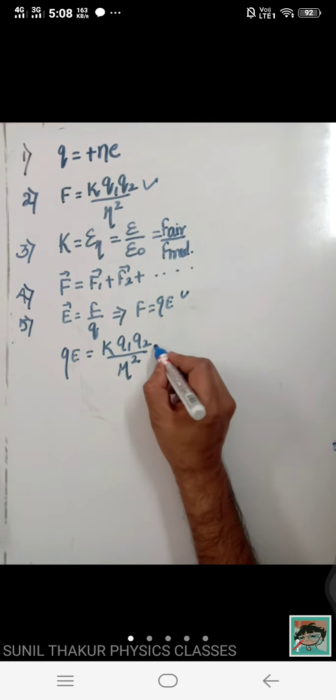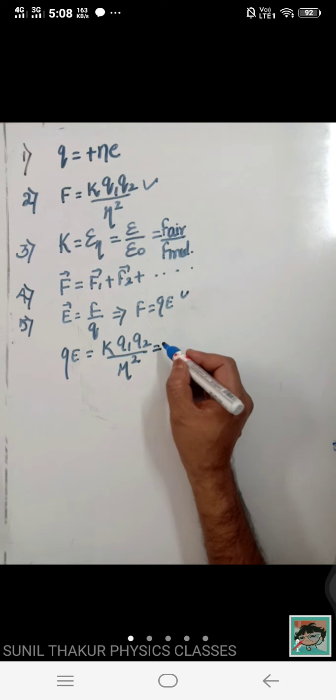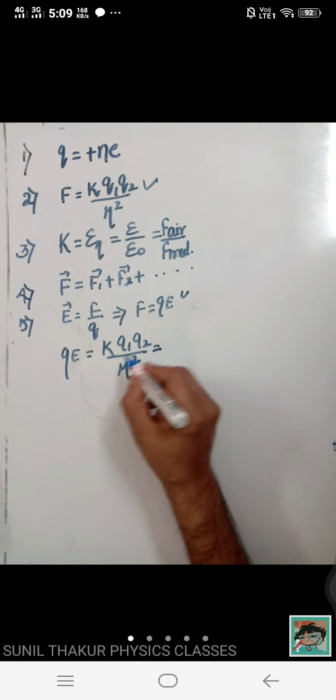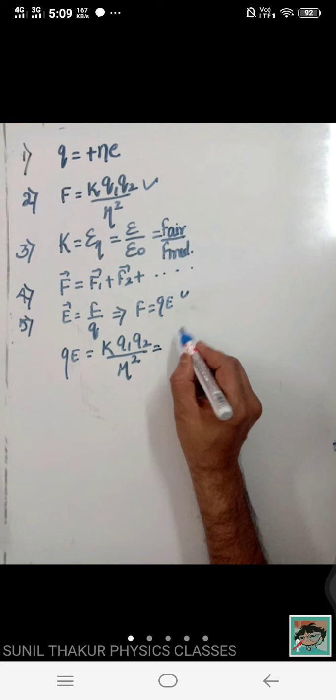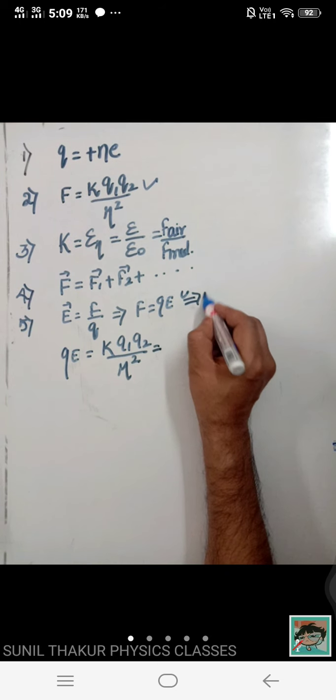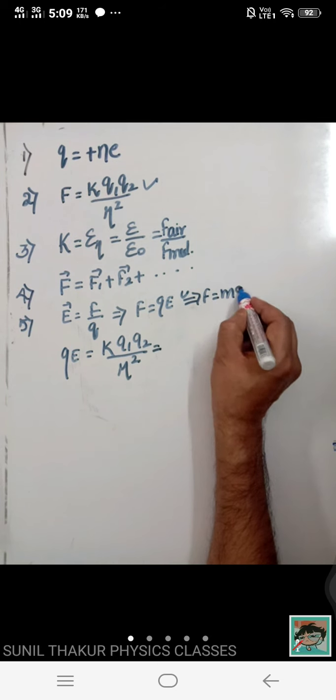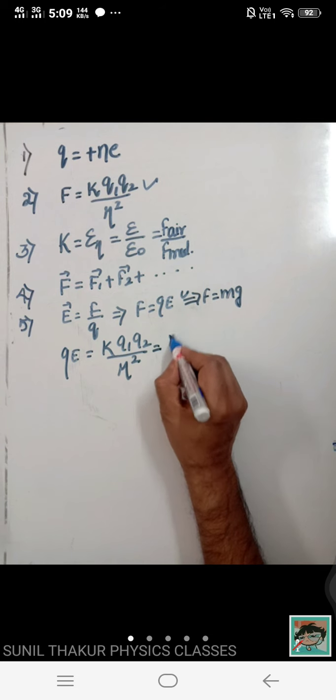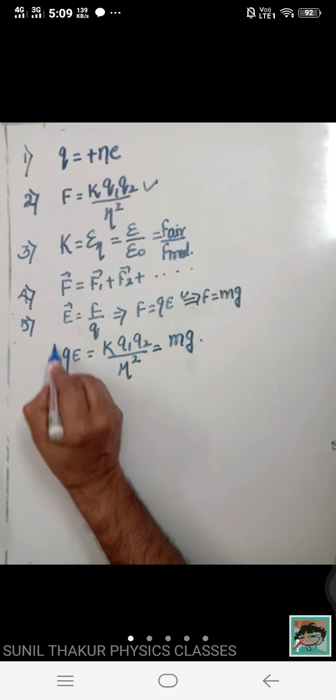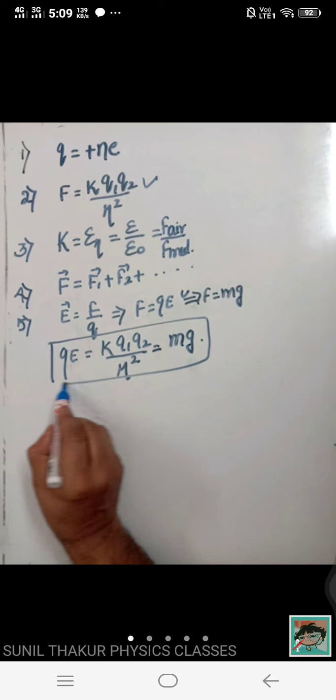If you consider a free body diagram and the body has a mass m, then F is also equal to mg, so this is equal to mg. So these are the formulas to solve numericals.